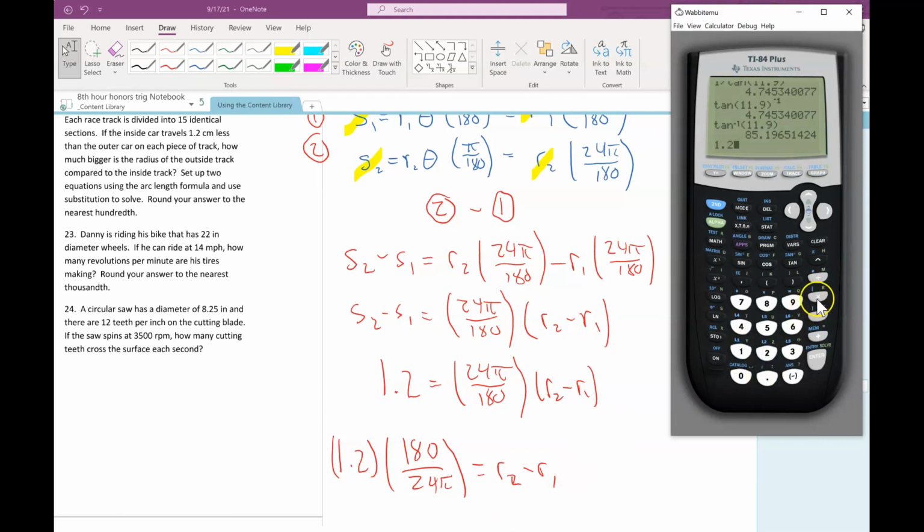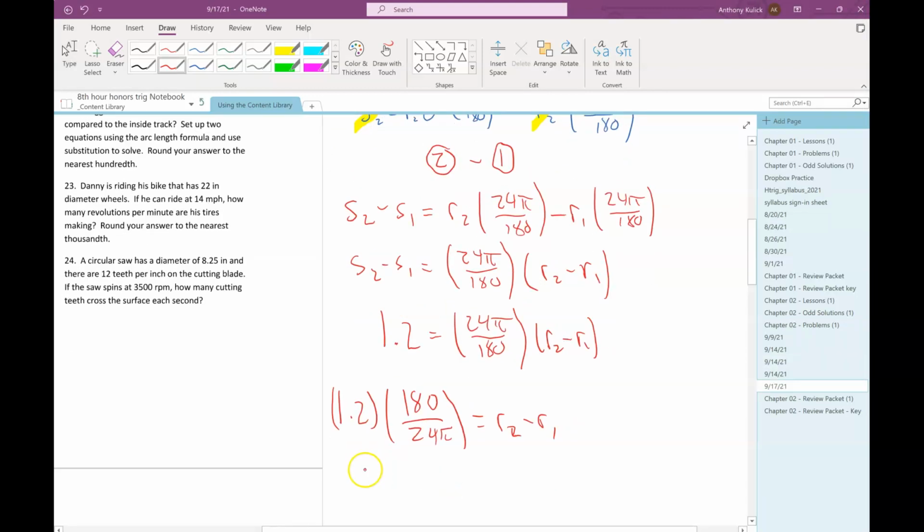So 1.2 times 180 over, and I've got to make sure I put the 24 pi in parentheses in the denominator, or else it's going to divide by 24 and then multiply by pi after, rather than dividing by 24 pi, so you have to be a little bit careful there. That's going to give me about 286. What was the unit on this problem? Inches or something, I think? Centimeters.